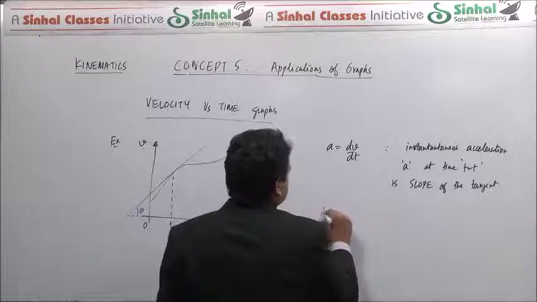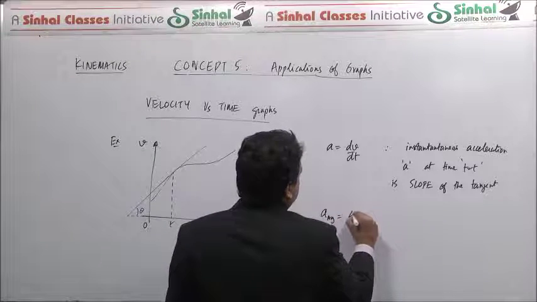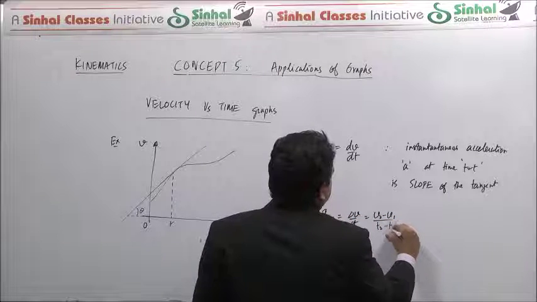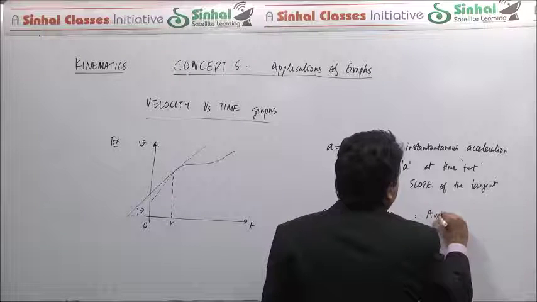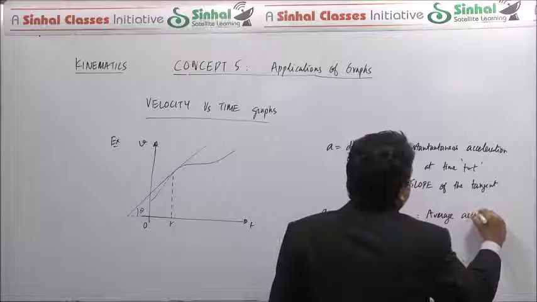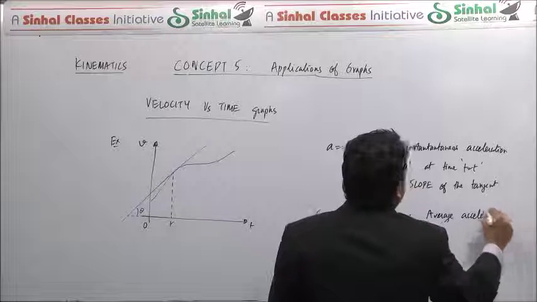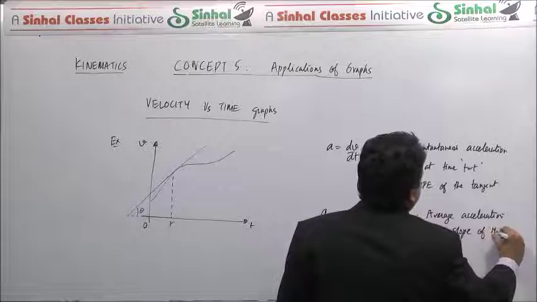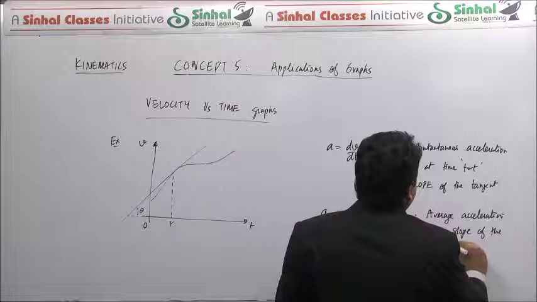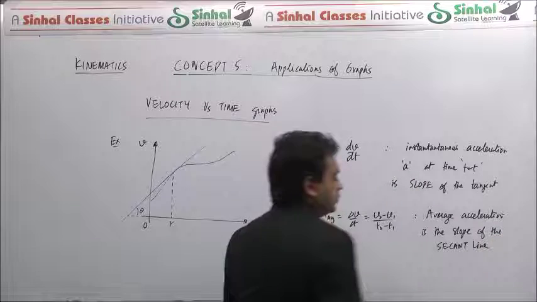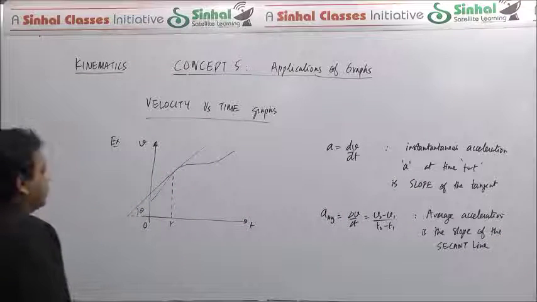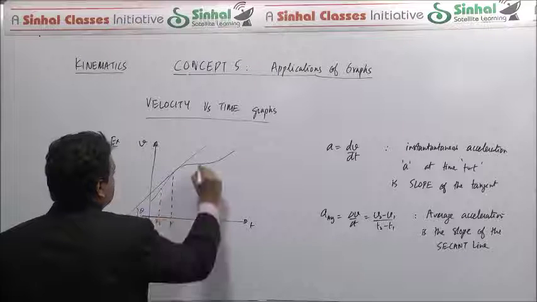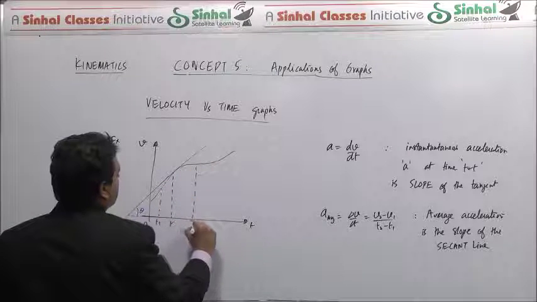Whereas average acceleration is the slope of the secant. So for example, we now want to find out the average acceleration between, let's say, time t1 here and time t2.